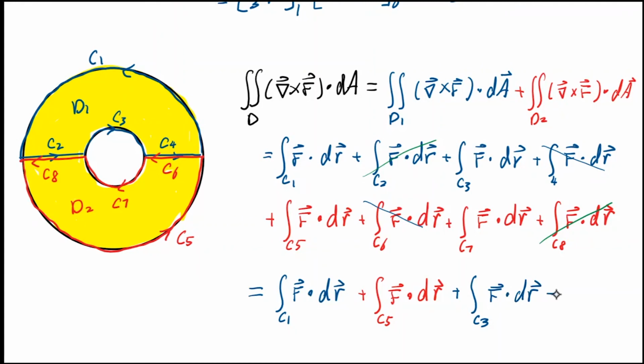Let's see if it changed. No, it didn't. Did it change the color now? Yep, it did. This computer is really lagging. And C7 of F dot dr. Good. And I'm going to change color first, then talk. I'll change to black color, then talk.